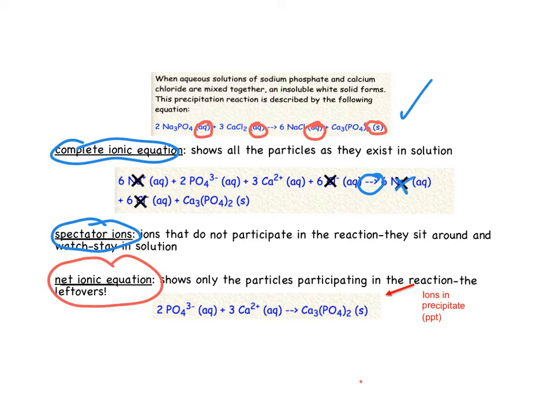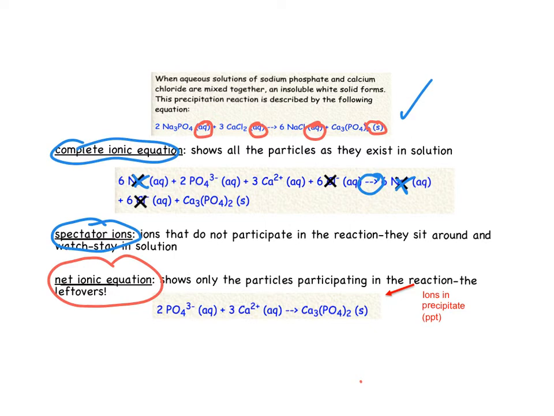So I've crossed those out. Chlorine: I have 6 minus 1 chloride in aqueous solution on the reactant side, and 6 minus 1 chloride in aqueous solution on the product side. The calcium and the phosphate form a solid precipitate. So all of the ions that stay in aqueous solution, that just sit there and don't really do anything, are spectator ions, and I cross them out.